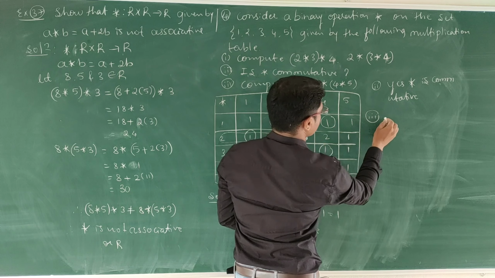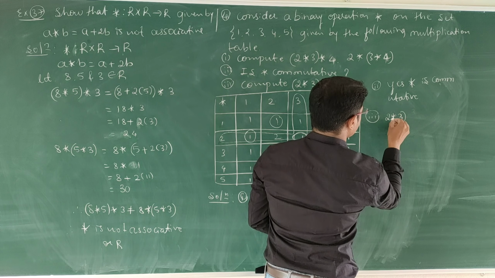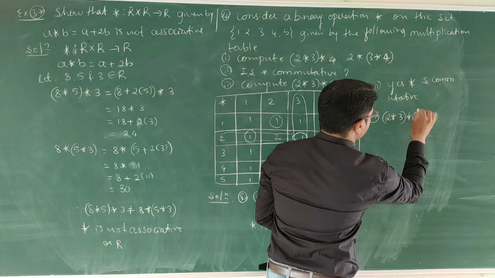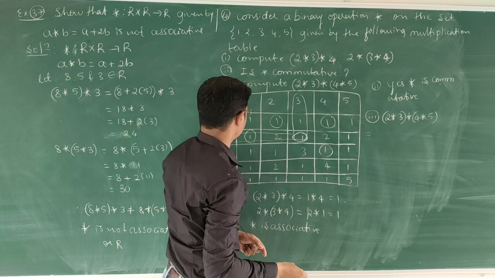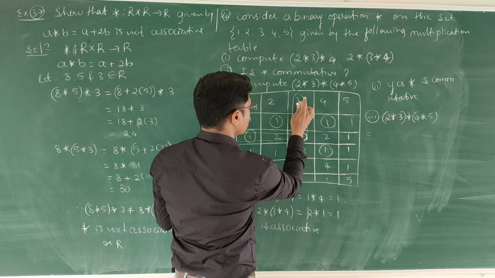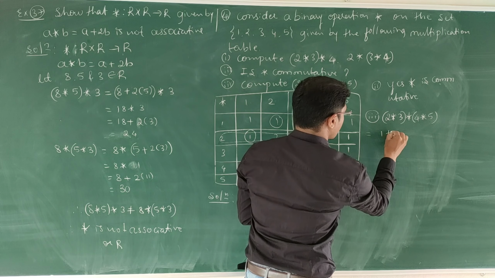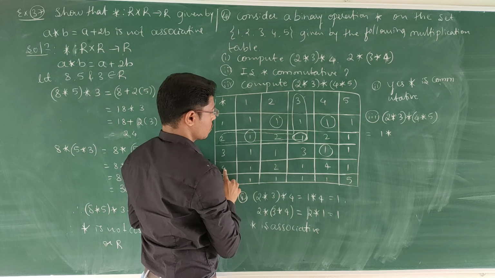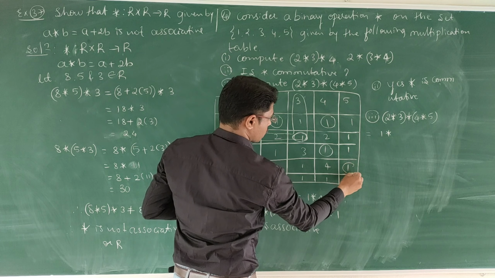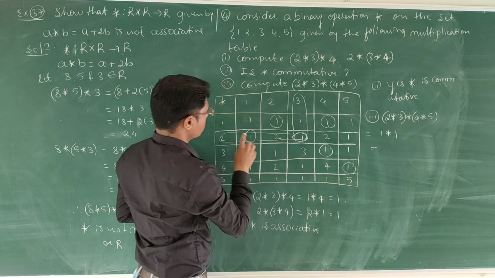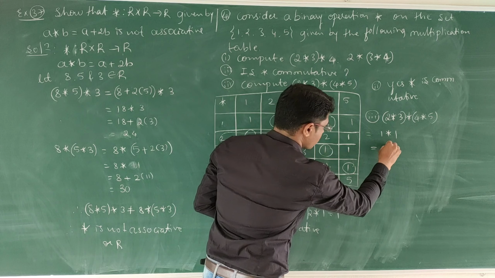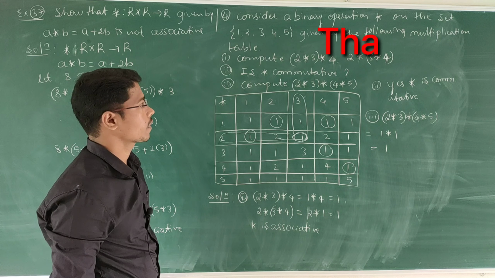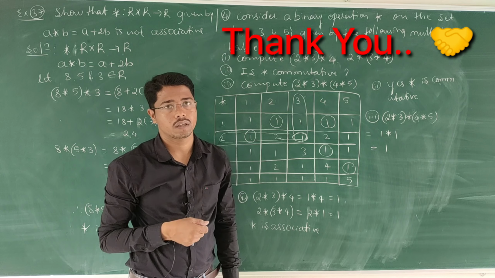The third one is (2 star 3) star (4 star 5). First, 2 star 3 is 1. Then 4 star 5 is 1. Next, 1 star 1 is 1. So I have computed all these results. I will continue the remaining problems in the next class.